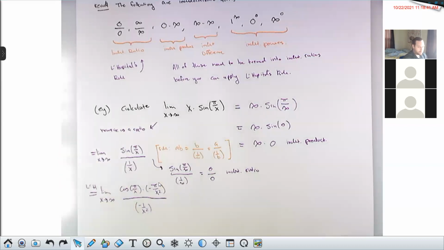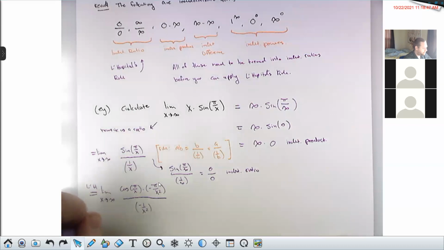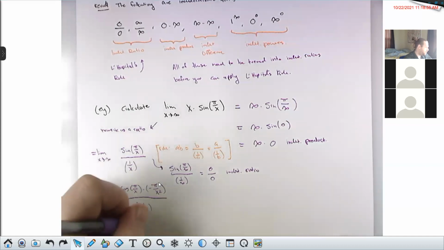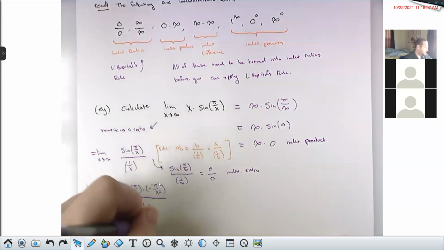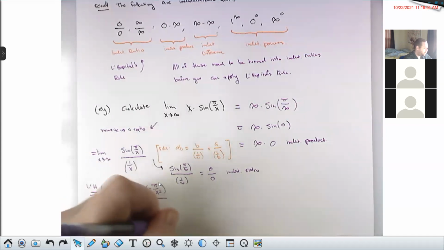And it is advisable to clean this up algebraically before trying to take the limit again, especially since I have an x squared downstairs in both of those pieces. So this is the cosine of pi over x times negative pi over x squared times negative x squared over 1.